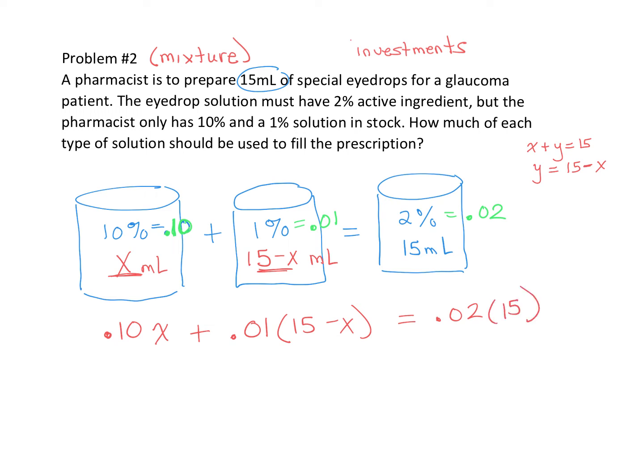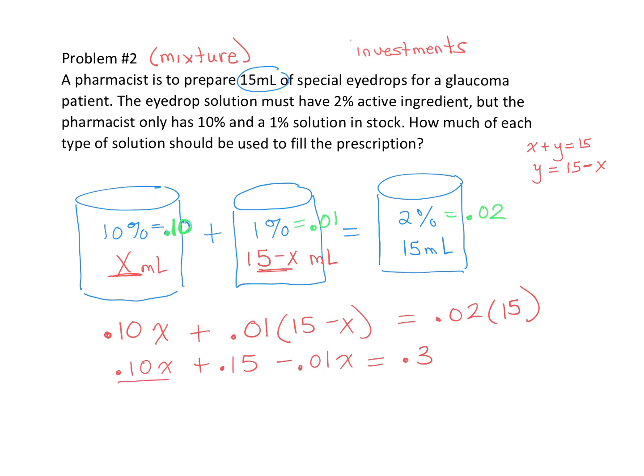At this point, we use algebra to solve. So 0.01 times 15 is going to give us 0.15 minus 0.01x, we're just distributing. 0.02 times 15 is going to give us 0.3.